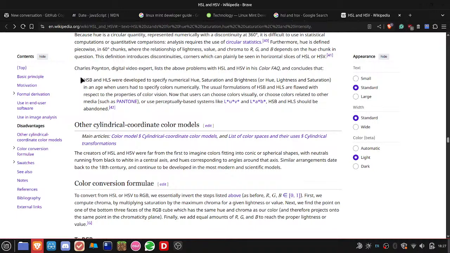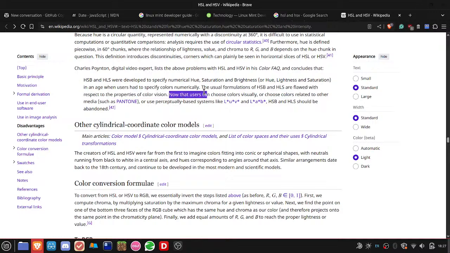Again, what they are talking about is that it concludes that where users have to specify colors numerically, the formulations of HSB and HLS are flawed with respect to the properties of color vision.